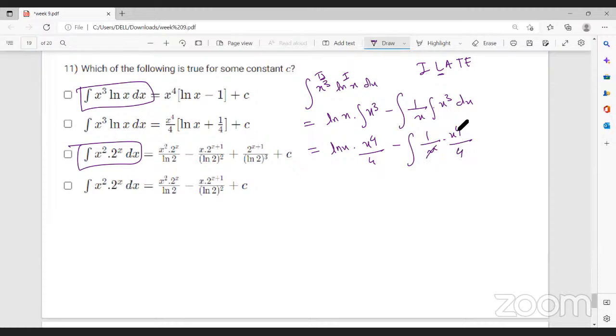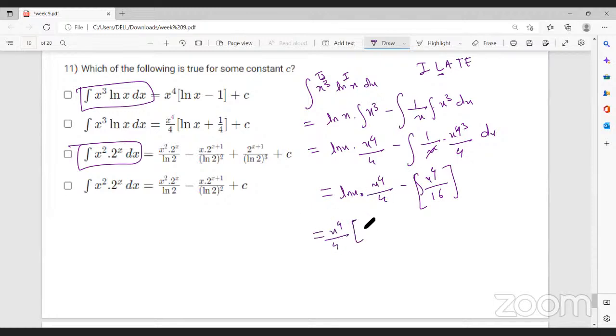So x will get cancelled, leaving x cube by 4, dx. So what I will get: ln of x times x to the power 4 by 4 minus x to the power 4 upon 4 into 4, that is 16, right? Yes, 4 into 4, 16. So I can take x to the power 4 by 4 common, right?